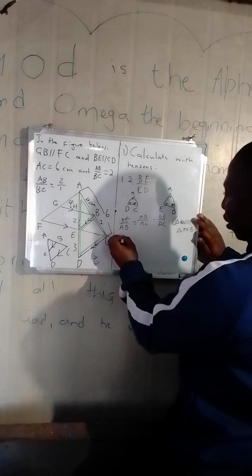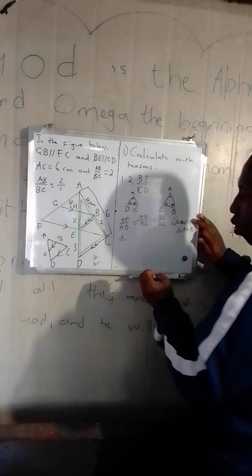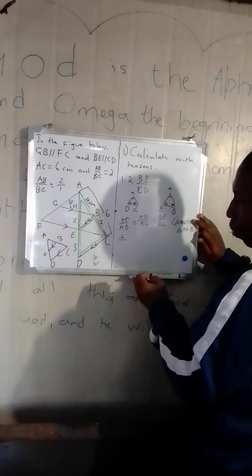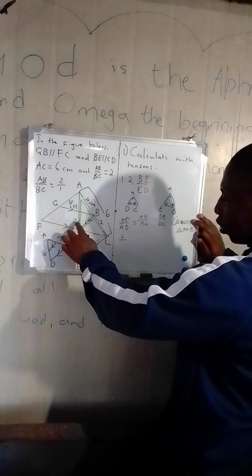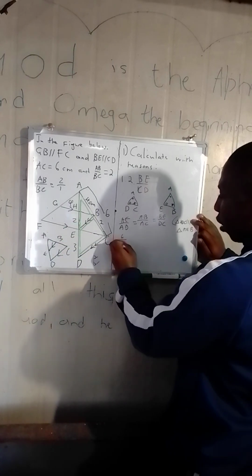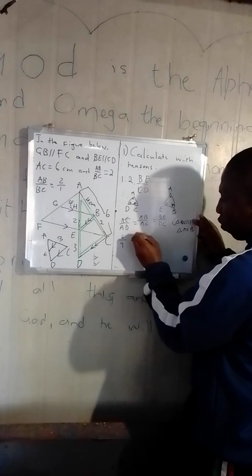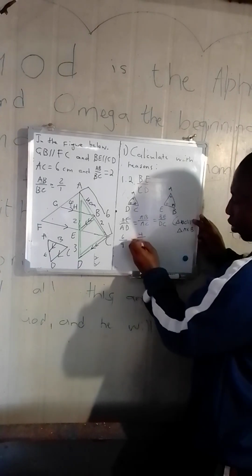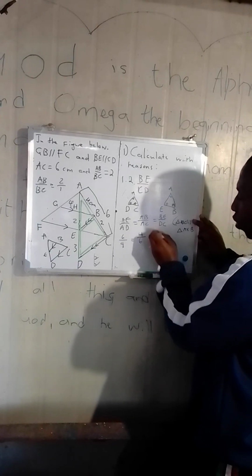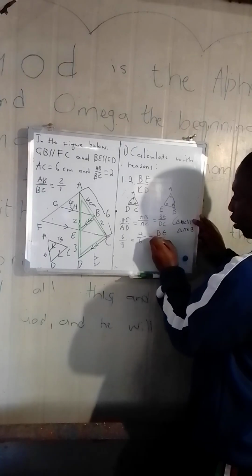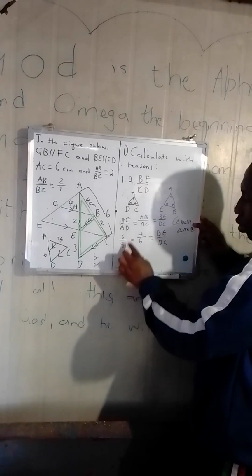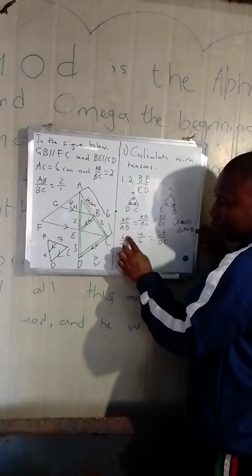AE is 6 over AD, which is 4 plus 2 plus 3, it's 9. Then AB is 4 over AC, which is 6. Then this equals BE over DC.